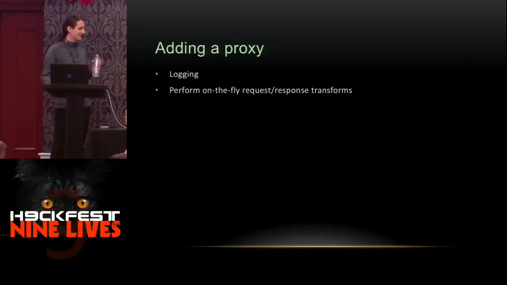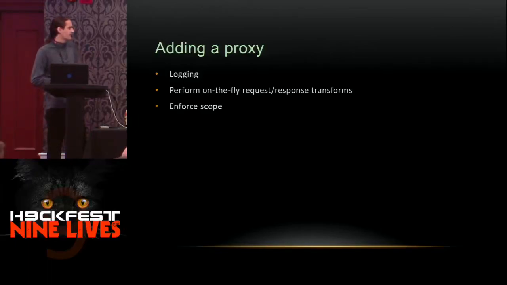As we also heard yesterday, Burp Suite is very good for just troubleshooting, even when you're not trying to attack something. Performing on-the-fly request and response transforms. You can modify a request or a response before it hits Selenium or the browser, according to regexes. The examples we'll be using are with Burp Suite, but again, you can use any of them. You can enforce a scope if you're on a pen test engagement.